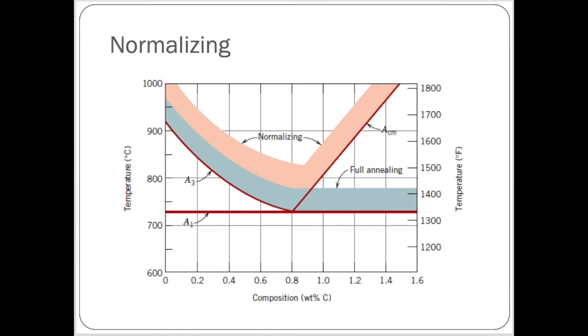After sufficient time has been allowed for the alloy to completely transform to austenite, a procedure termed austenitizing, the treatment is terminated by cooling in air. A normalizing cooling curve is superimposed on the continuous cooling transformation diagram.